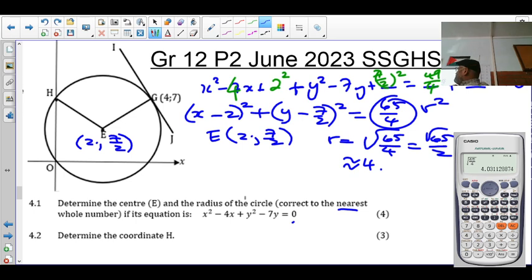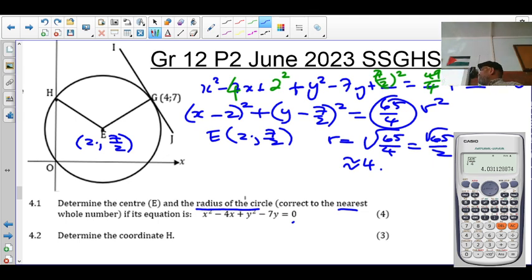Yes? For E, it says determine the center E and the radius of the circle correct to the nearest whole number. Yeah, it's actually the radius that we're looking at for the nearest whole number.